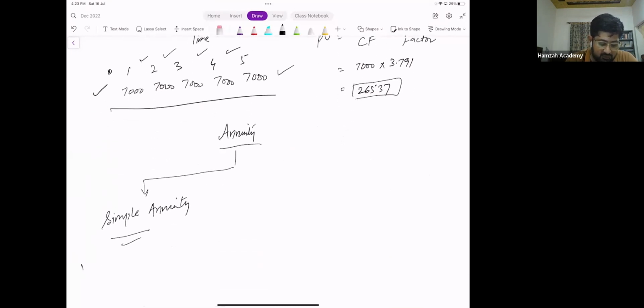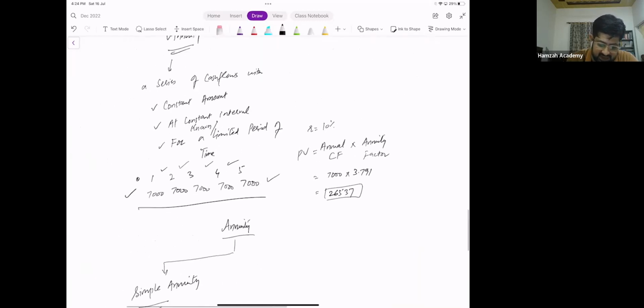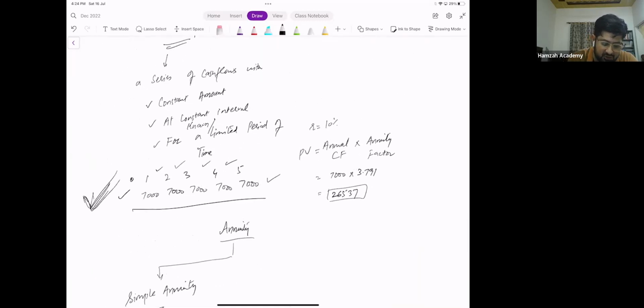Simple annuity, where cash flow starts from year 1 or next year. This is the example of simple annuity.